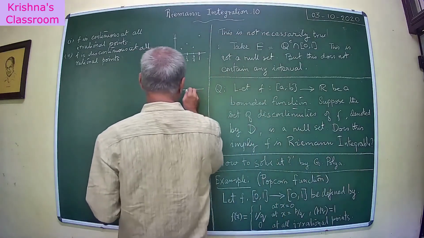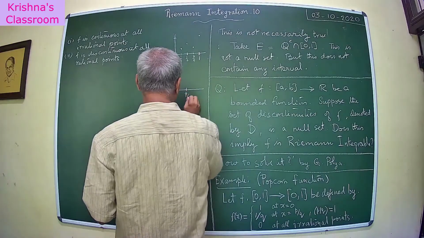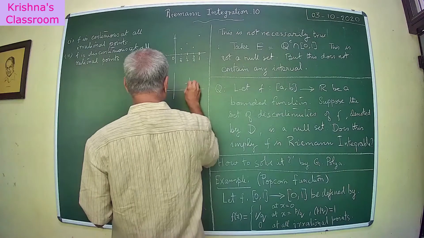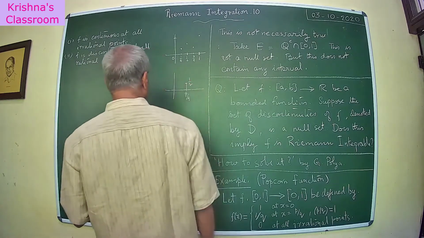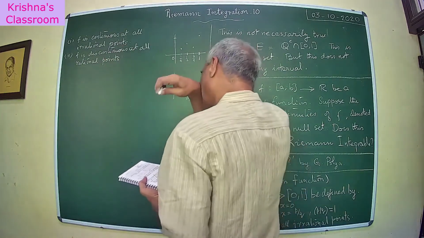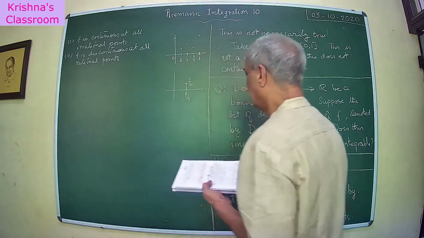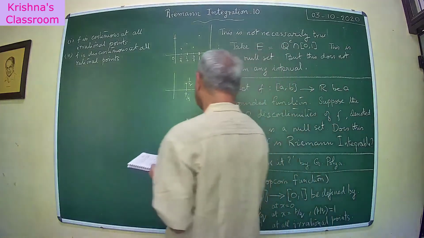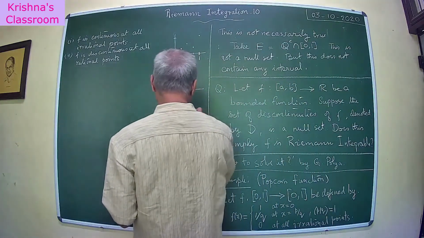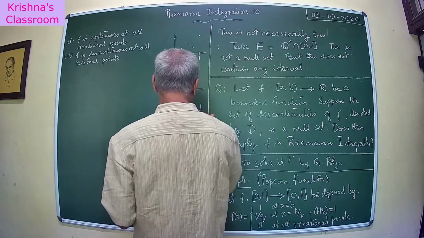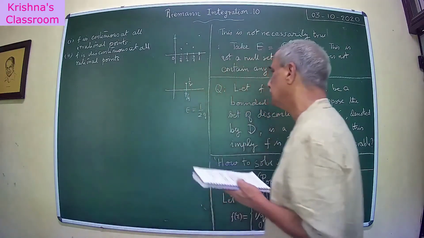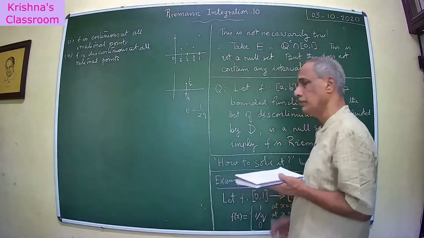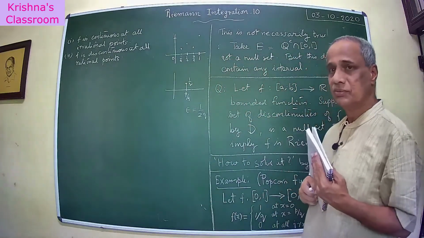Suppose you take a point p by q, then the value of the function is 1 by q, and you take epsilon, say equal to 1 by something. Now you take any neighborhood of this point p by q. What can you say?